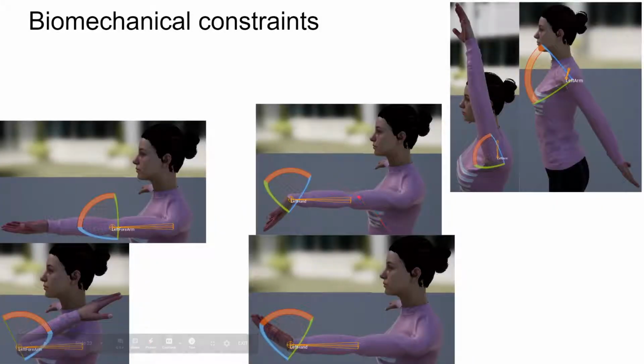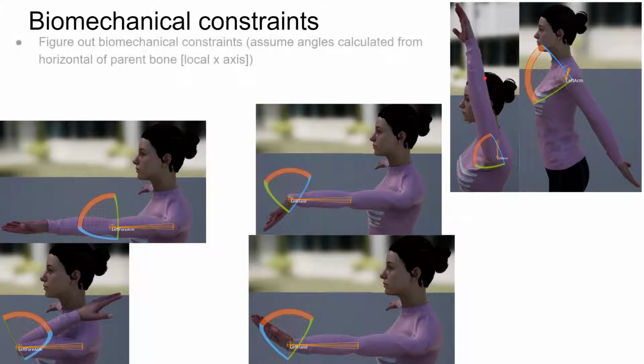So I chose this mesh, for example, in one of my examples. The biomechanical constraints for this mesh might be, and these are judged from the local x-axis of each bone. So for example, the wrist rotation would be based on the local x-axis of the forearm bone.